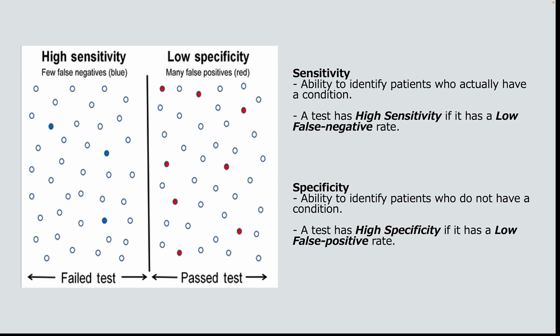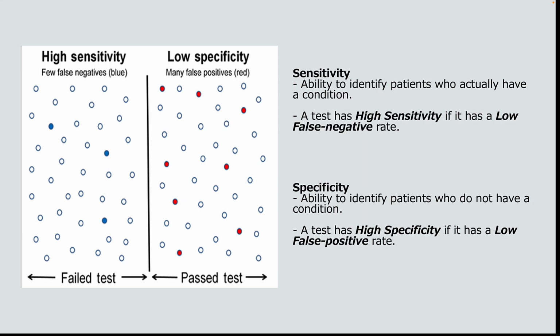So effectively, when we give a test, we want to make sure that the test can separate those who are positive versus those who are negative, and correctly identify the positives from the negatives. Sensitivity is about correctly identifying the positives. Specificity is about correctly identifying the negatives.